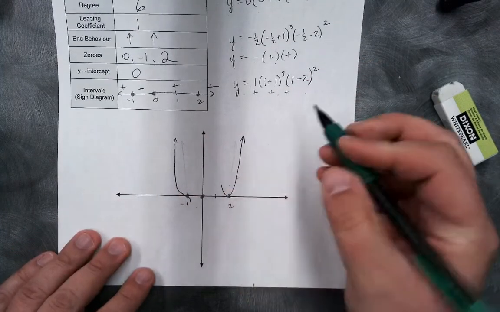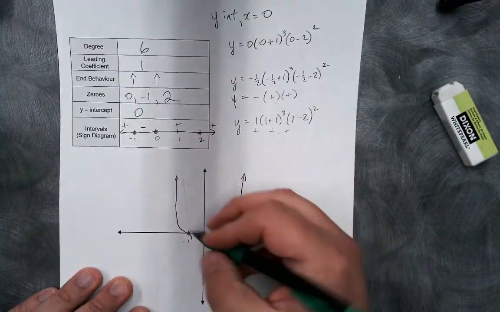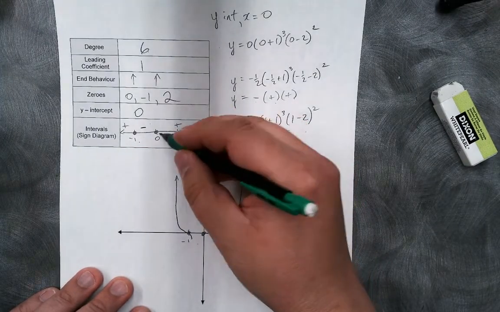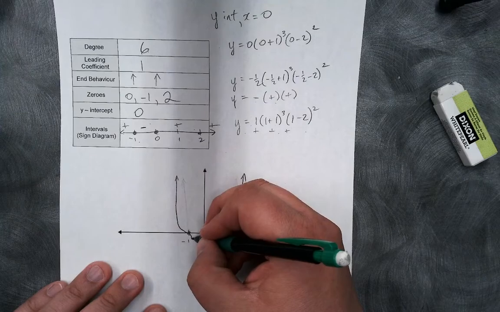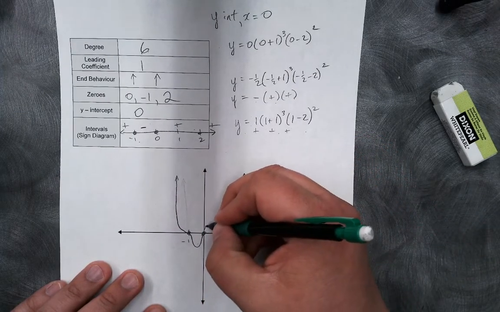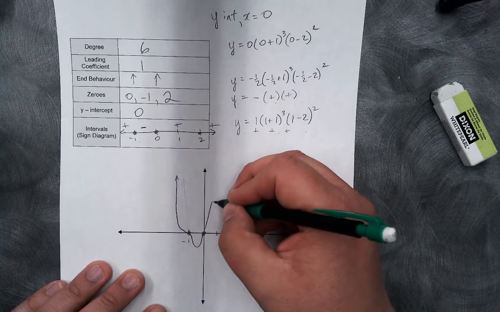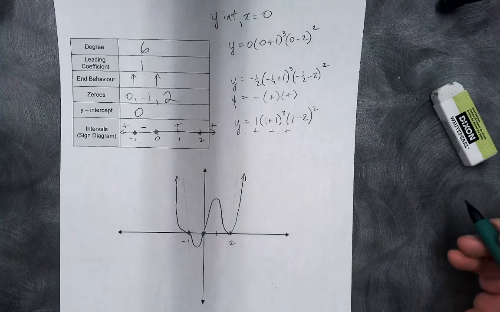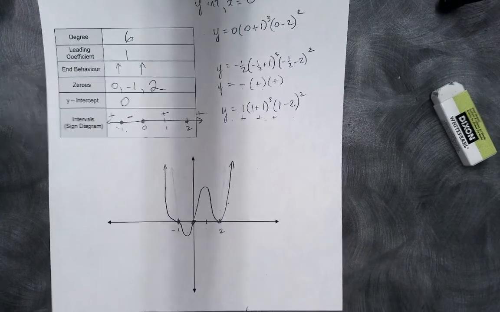But, okay, I know that between negative 1 and 0 it's negative. I don't know how far it goes, but then between 0 and 2 it's positive. So I think it's going to go down, up, and then it's going to have to change directions again. It might change directions a couple more times, but I can't tell that from the data I have. From the data I have, I think that's a pretty good sketch.